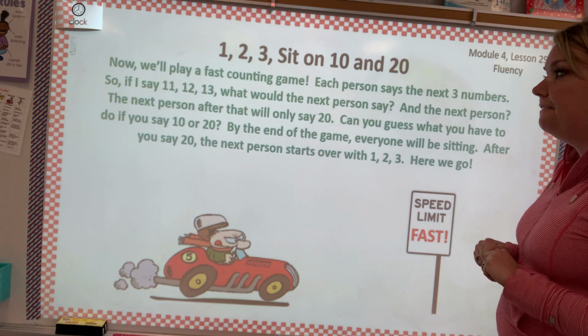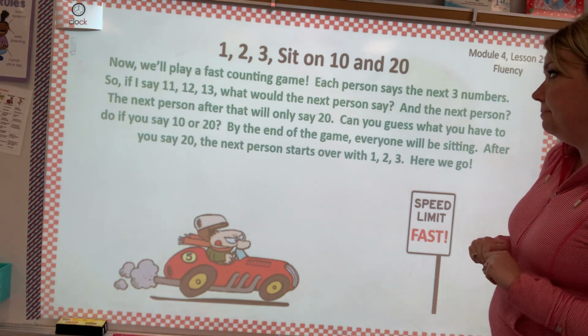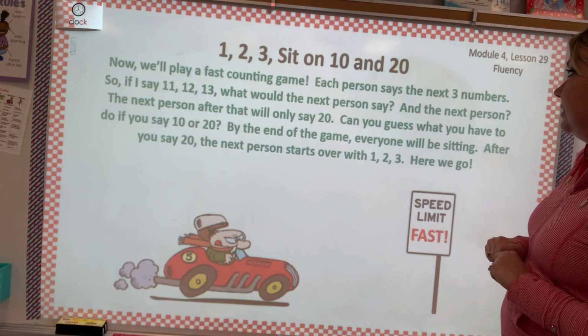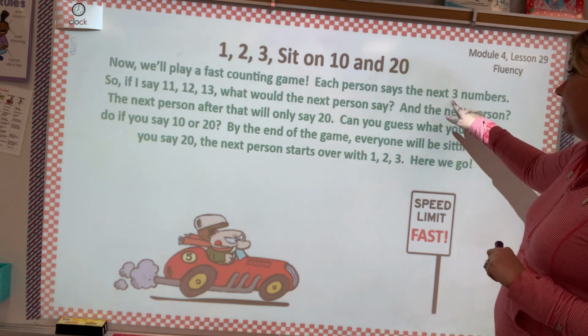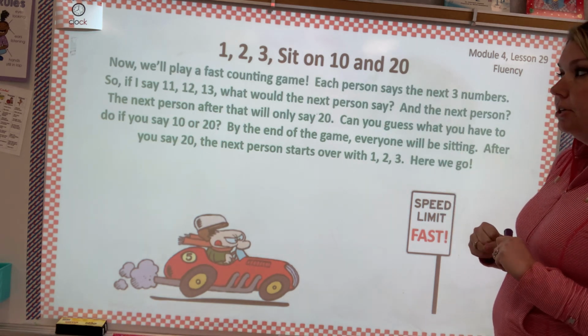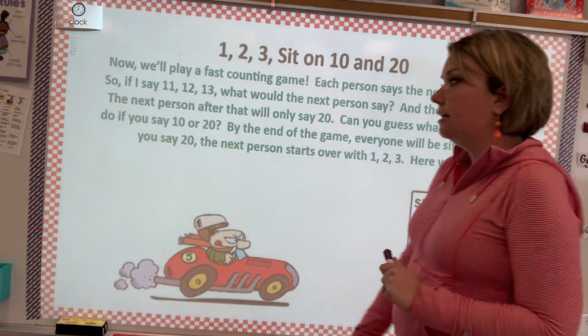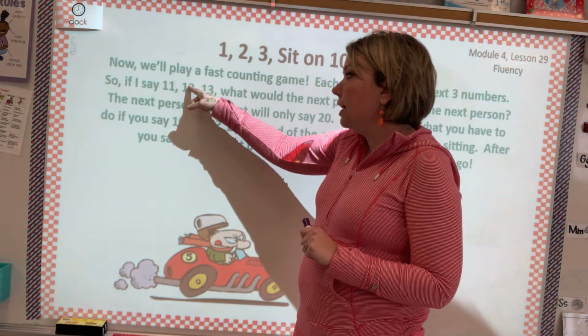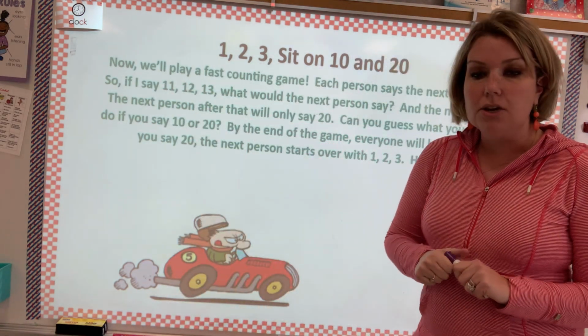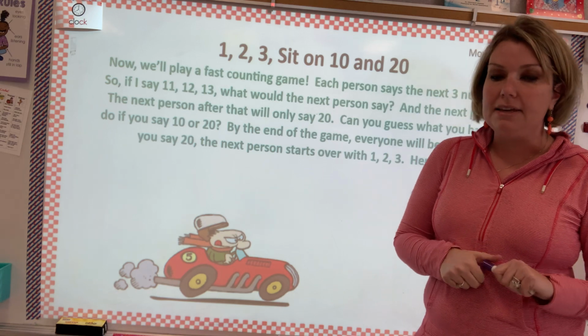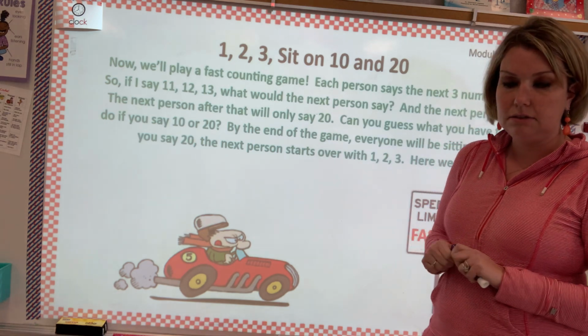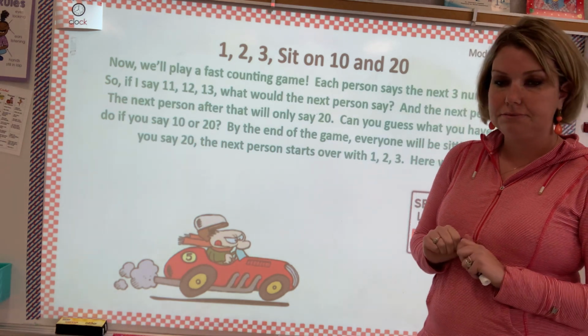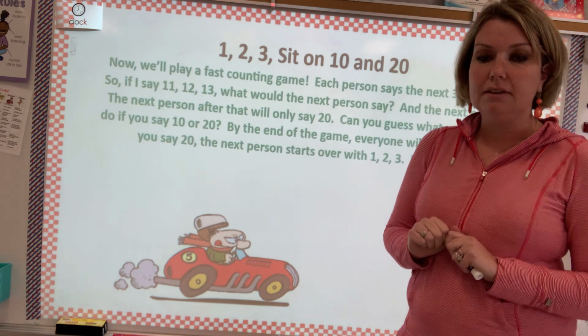We will play a fast counting game. Each person says the next 3 numbers. So if I say 11, 12, 13, Russell, what would you say next? Unmute your mic.